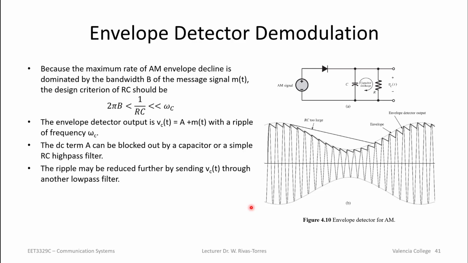So quite honestly, the rule is you want 2 pi times B, where B is the bandwidth of your signal, to be less than 1 over RC, and that's kind of how you select RC. And always make sure that all that is much lower than fc, which is a condition for AM modulation that we explained a little while ago.